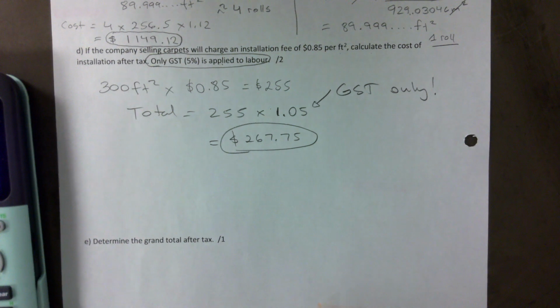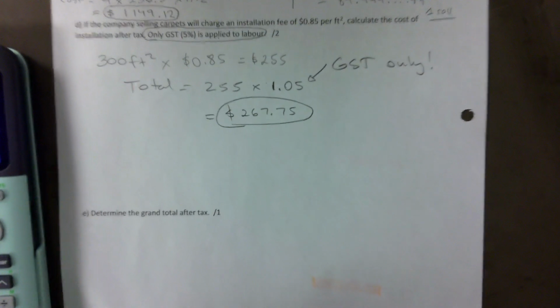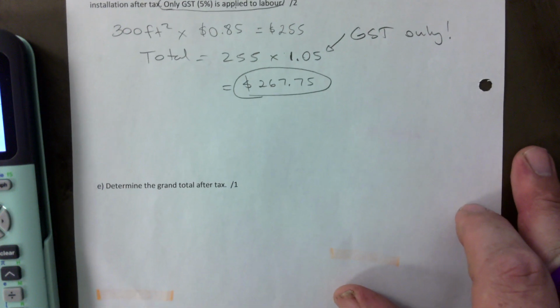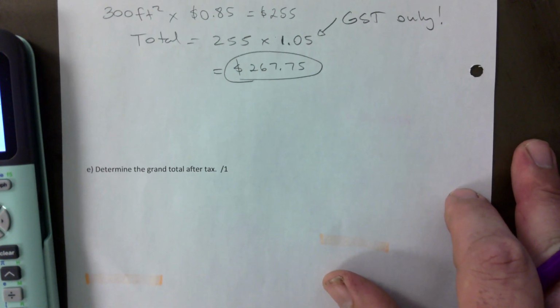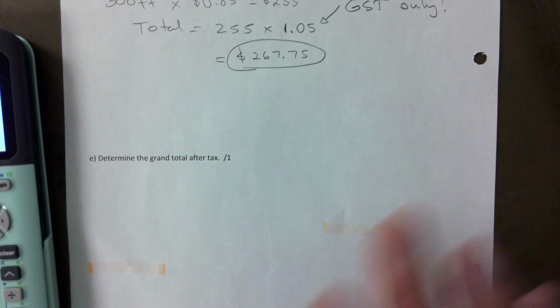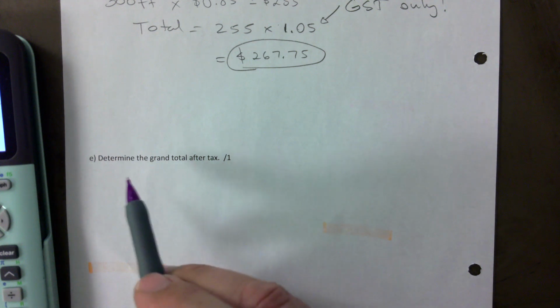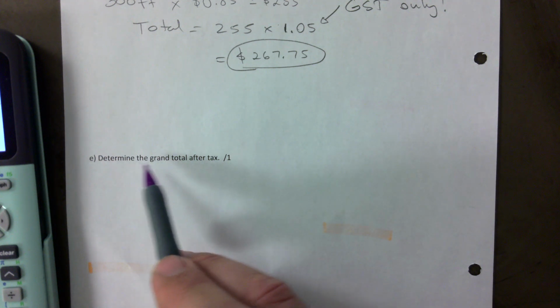That's actually true, by the way. If you get any services done, it's 5% only. Except for mechanics. If you take them to a shop, it's 12% still. Don't know why.